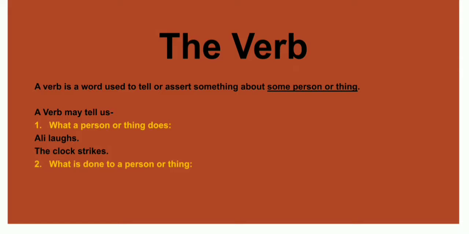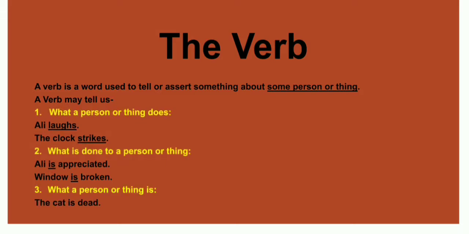So we have examples like the window is broken. Now what has been done to the window? It is broken. The next example is Ali is appreciated. Now the action is referring back to the subject, meaning it is done to the person, Ali.